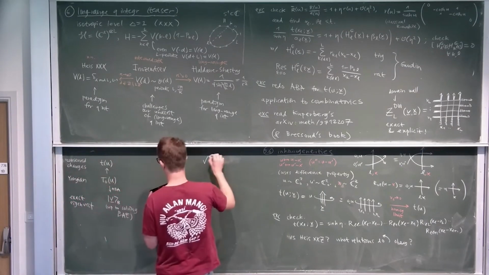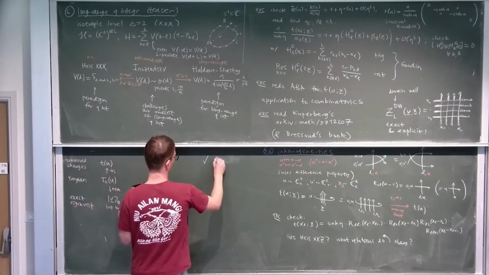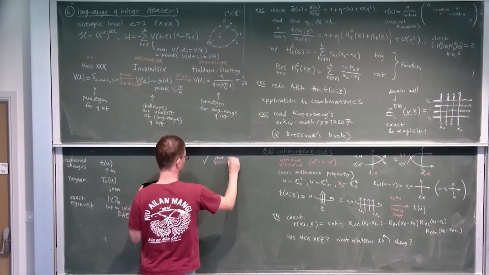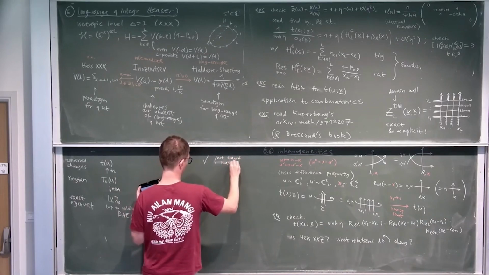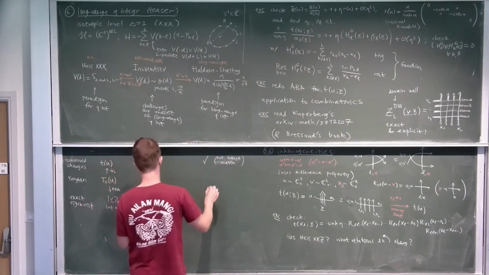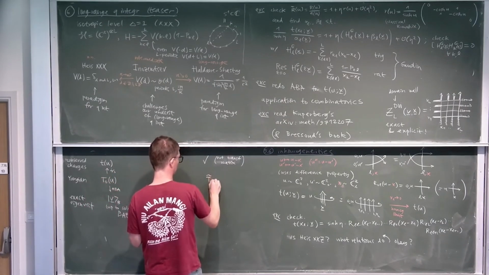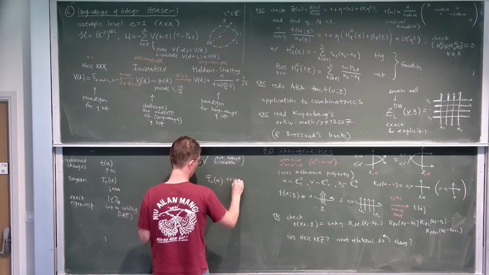This here was a trace over 0. This is not a transfer matrix. There's also an action of the Yangian. So let me call it T tilde of 0. This exists, but it's different.